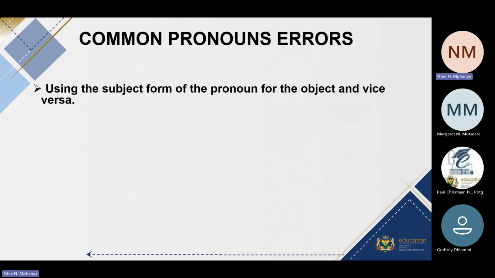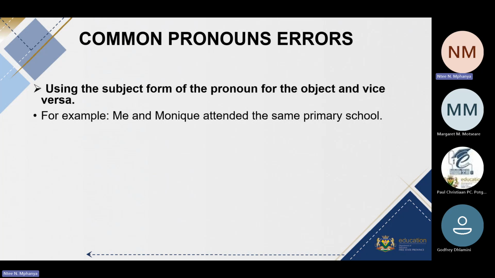Now, there are common pronoun errors that you must be aware of when you answer questions, and for teachers, when you teach your learners about pronouns. Using the subject form of the pronoun for the object and vice versa. For example, "Me and Monique attended the same primary school." This is an error. How do you correct it?